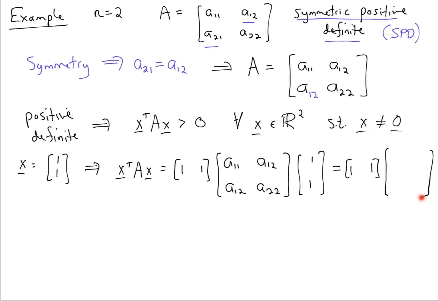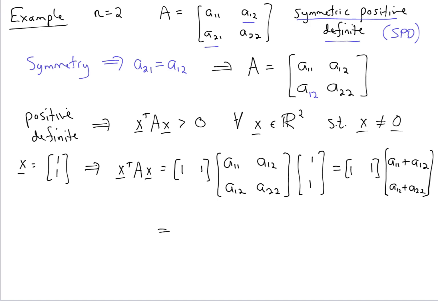So the result will be a 2 by 1 vector. To get the first entry, take the dot product of the first row of A and this vector. So we get A11 times 1 plus A12 times 1, or A11 plus A12. To get the second entry, we take the dot product of the second row of A with the vector 1, 1, and we get A12 times 1 plus A22 times 1, or A12 plus A22.